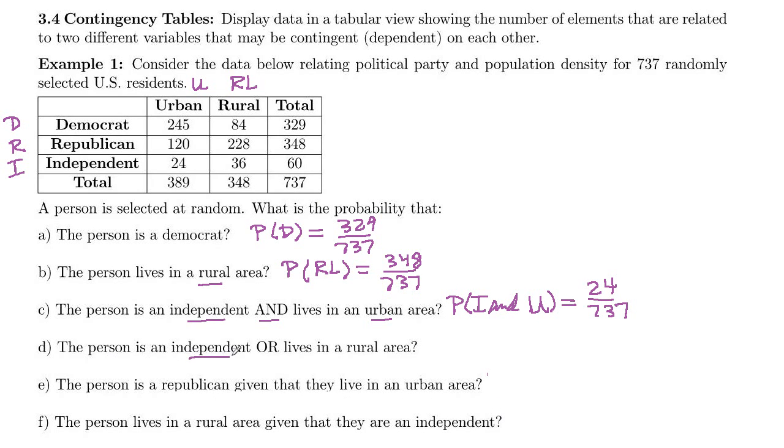Probability the person is an independent or lives in a rural area. So probability, independent or rural. An "or" is addition rule. So we're going to add these two probabilities and subtract the overlap. So probability that they're an independent, 60 out of 737, plus they live in a rural area, 348 out of 737.